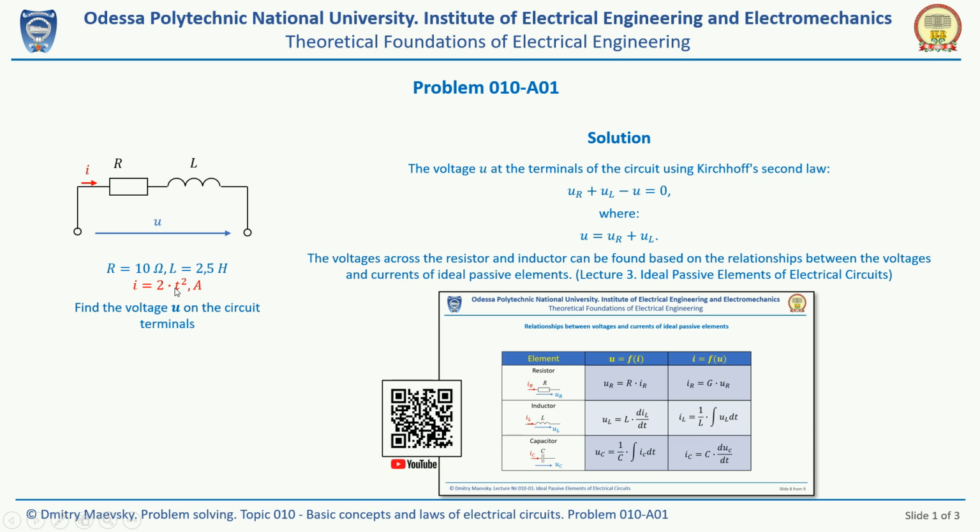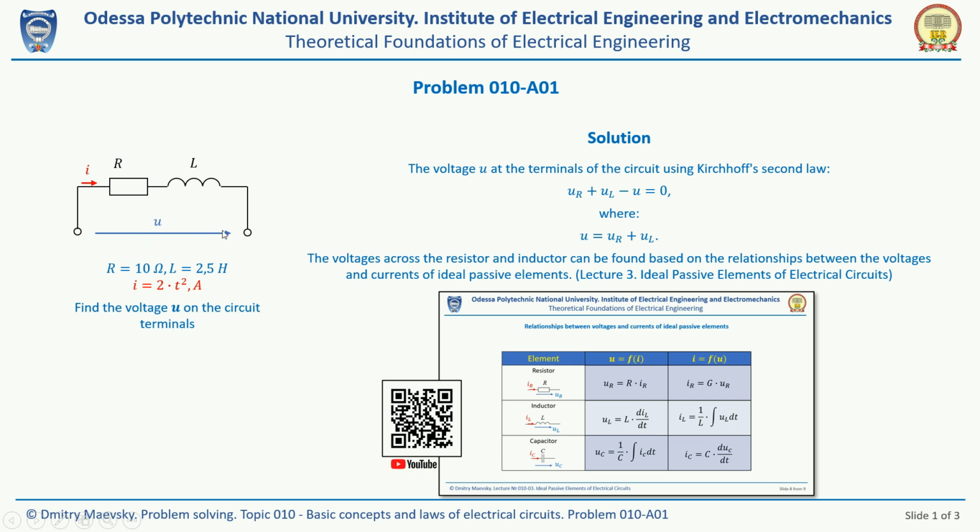Here 2 isn't just a number, it's a coefficient with units tied to current and time. By multiplying time squared by this number, we get current in amperes. Our goal is to find the voltage across the terminals of these circuits.